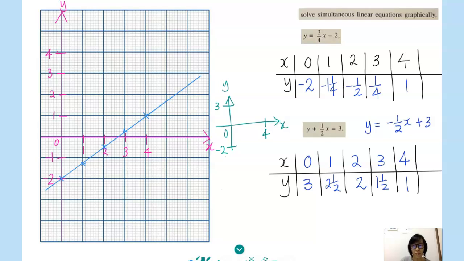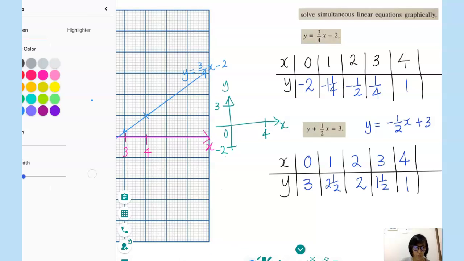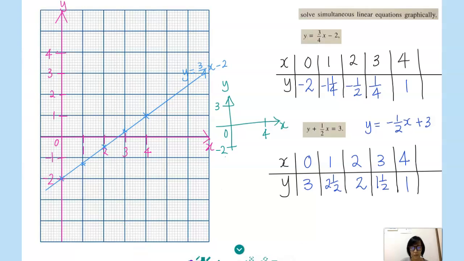So don't forget to label your graph because you have two graphs here. So let's label it y equals 3/4 x minus 2. Alright, we have the luxury of using a different color for a different graph. So let's do this other color. The first point is 0, 3.